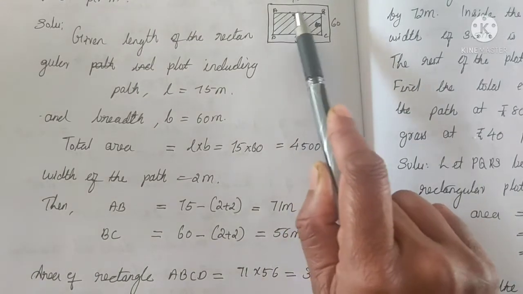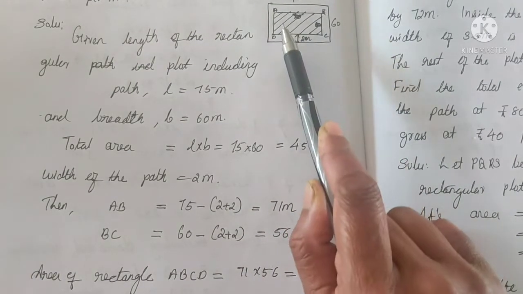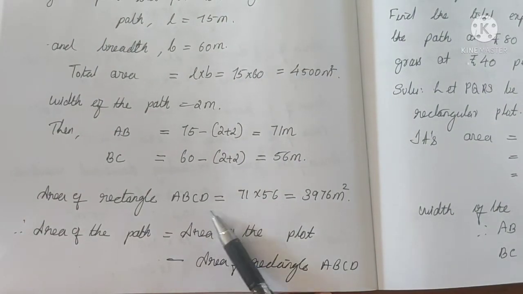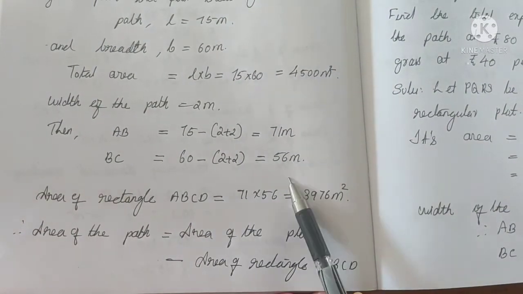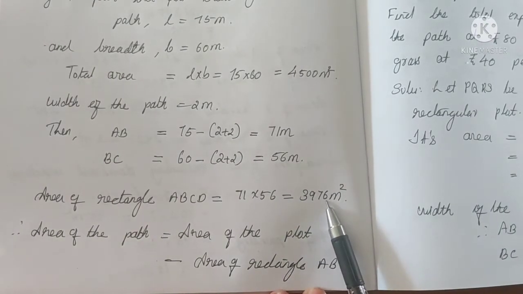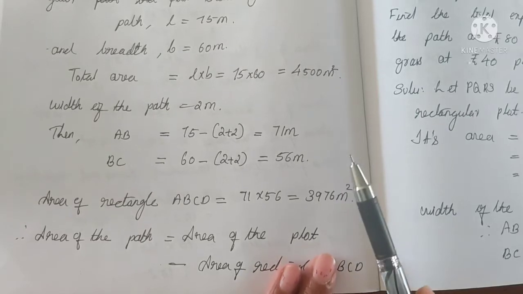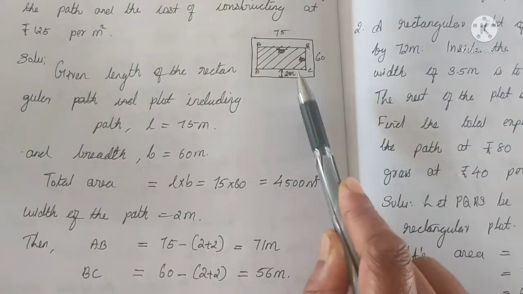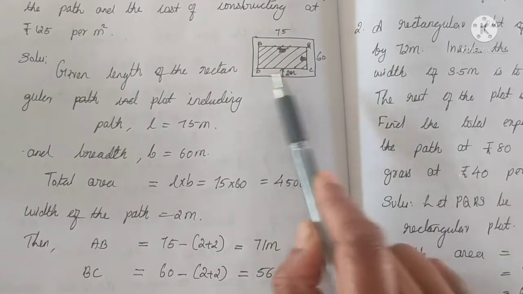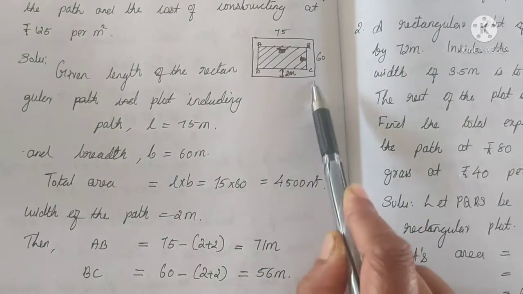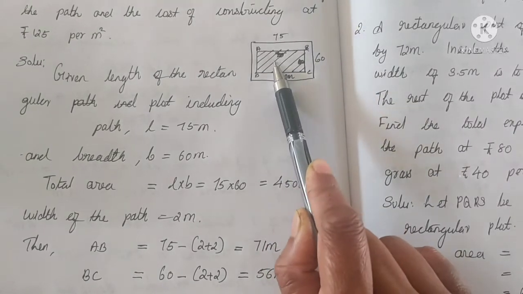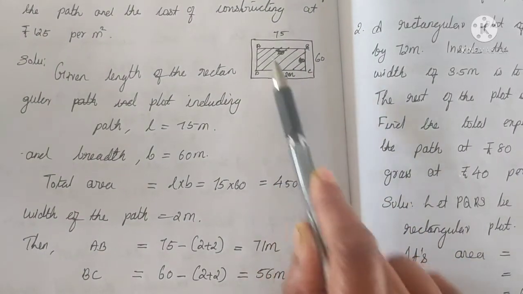So we can find the area of this inner rectangle ABCD. Now the area of rectangle ABCD is equal to 71 into 56, which is 3976 meters square. Now we can find the area of the path. Here we have two rectangles, the outer one and the inner ABCD. If we subtract the area of the inner rectangle ABCD from the outer rectangle, we will get the area of this path.